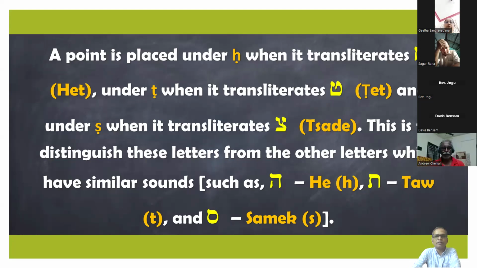So these three letters appear with a dot underneath and without a dot. Which letters will take no dot? He, the transliteration is H without dot. Tav, the transliteration is T without dot. For Tet, you will place a small dot under the T. And then Samek, yes, without dot, but Tzade, yes, with a dot underneath it.